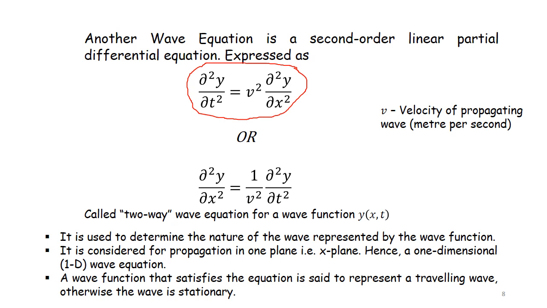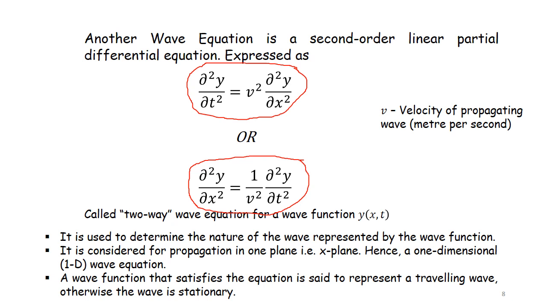You can also rearrange it as the second derivative of displacement with respect to distance equals the product of the inverse of the square of the wave speed and the second derivative of displacement with respect to time. I can always confirm if you have written it right, by putting 1 over v squared on one side and v squared on the other.